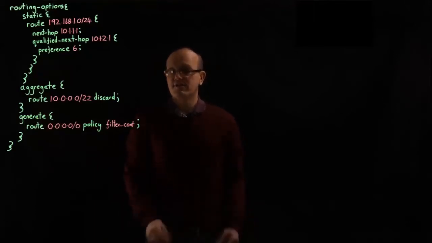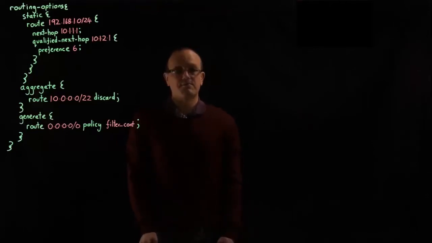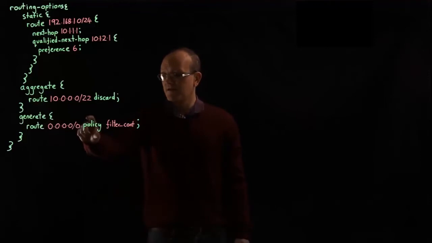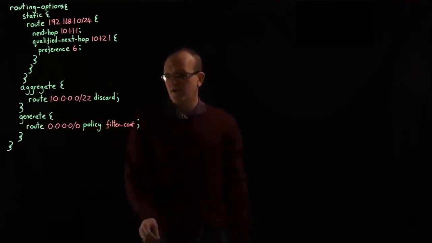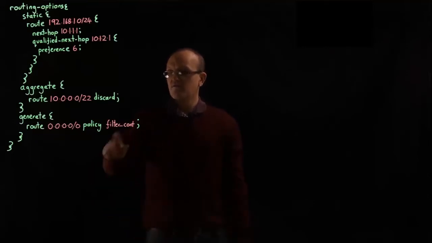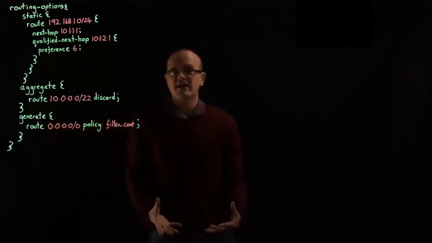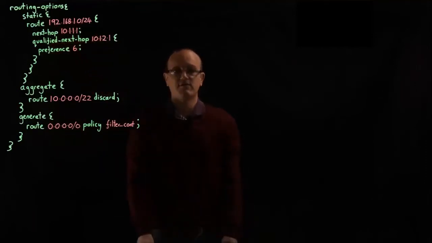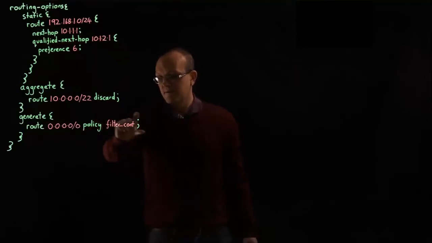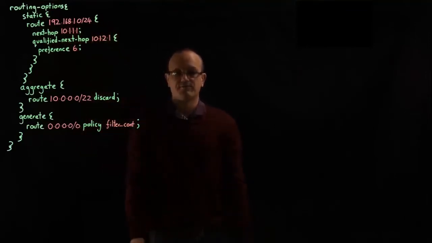You can filter what routes are allowed to be contributing routes. And if you were to do that, you use this policy syntax. So for example here, if we only wanted routes to contribute to this default route that are contained within, say, 192.168.1.0/24, you would make this policy statement here only match on this network.